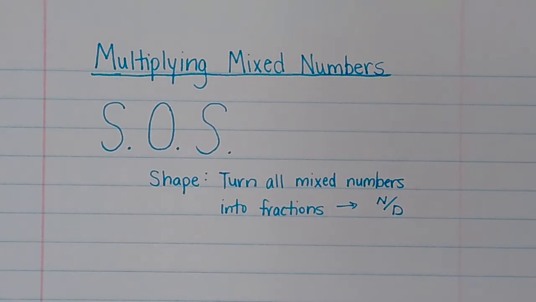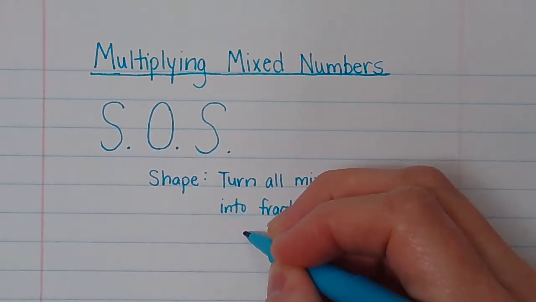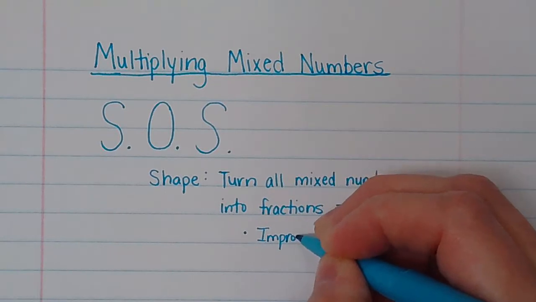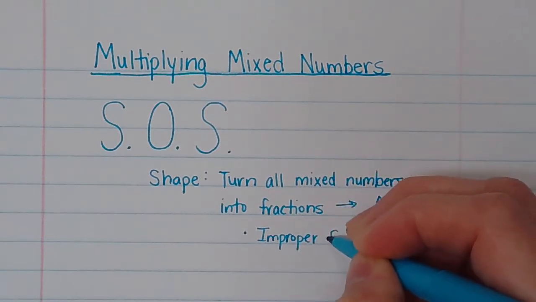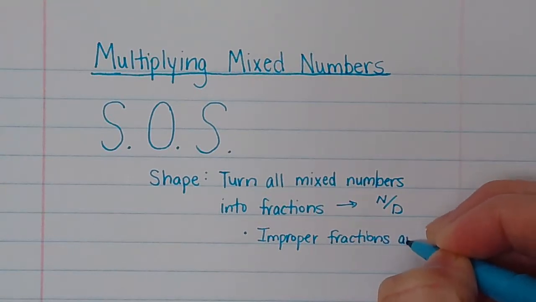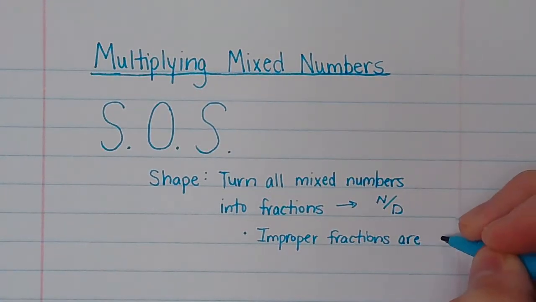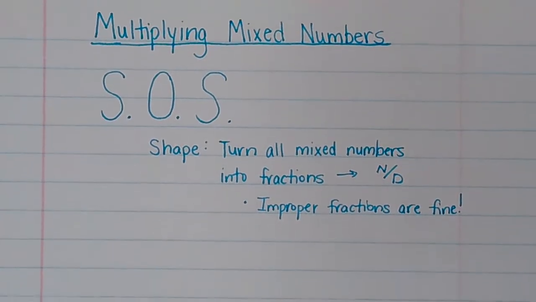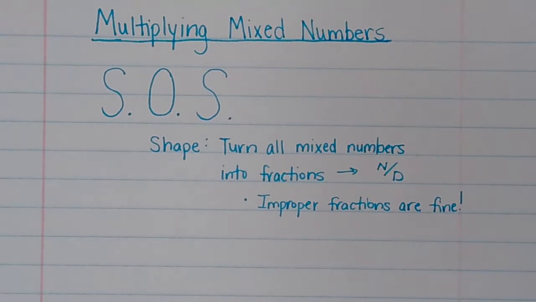Totally okay if it's improper. Most likely it's going to be improper, so we'll put that just as a hint. Improper fractions are fine. They just need to be fractions, your regular numerator over denominator. Can't have a whole number at all.